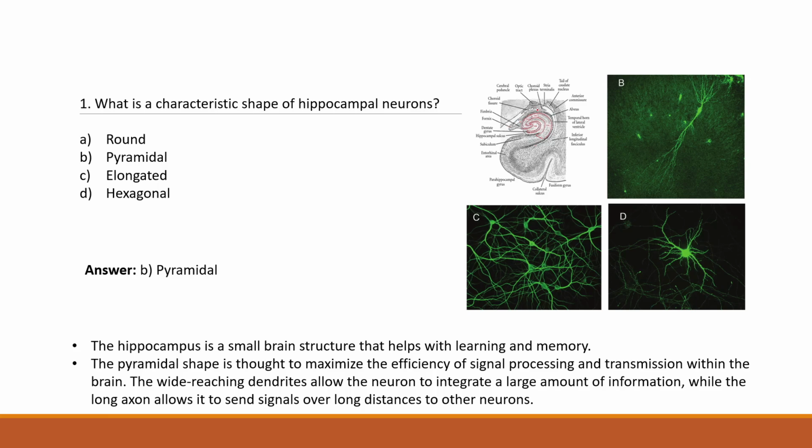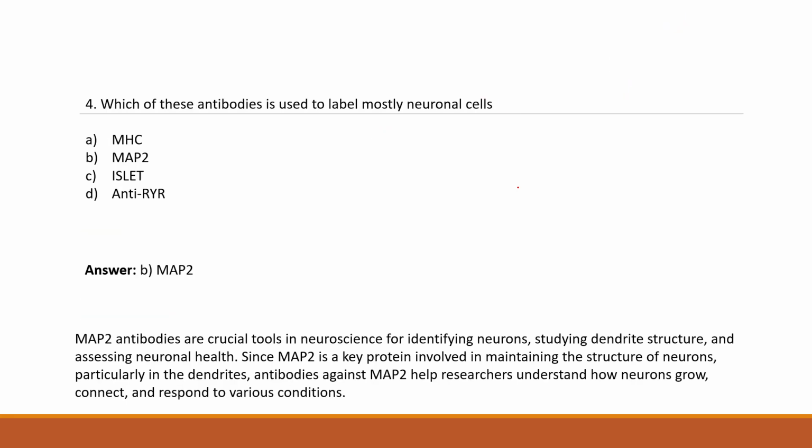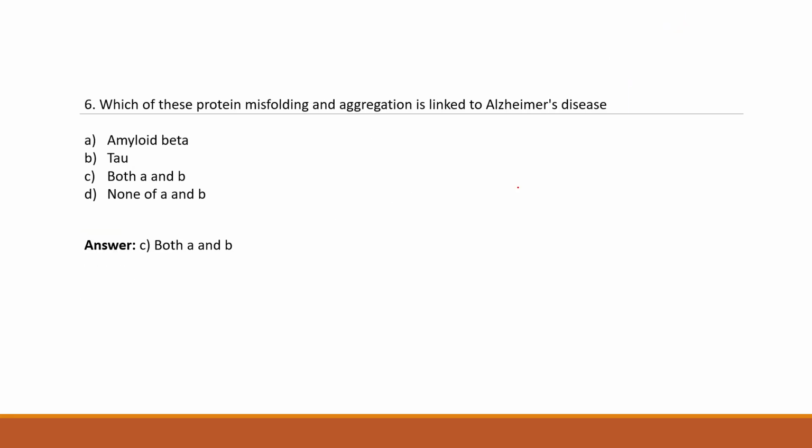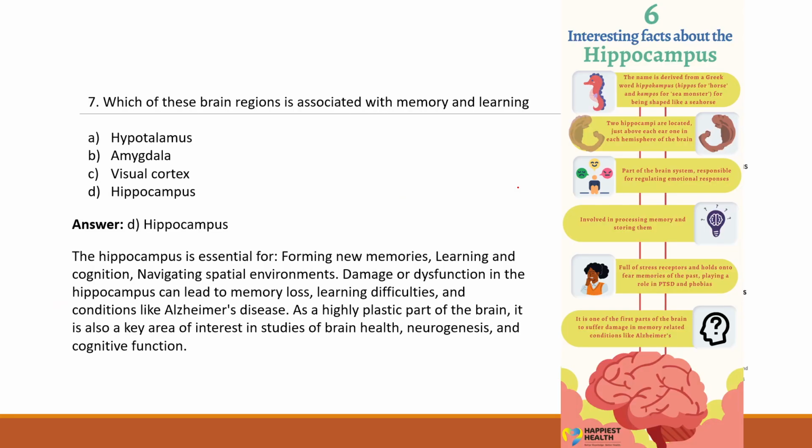It looks like a seahorse. Based on the visual appearance of your hippocampus, they have named it a seahorse. So this is how your seahorse looks, and this is how your hippocampus looks. Two hippocampi are located just above each ear, one in each hemisphere of the brain.